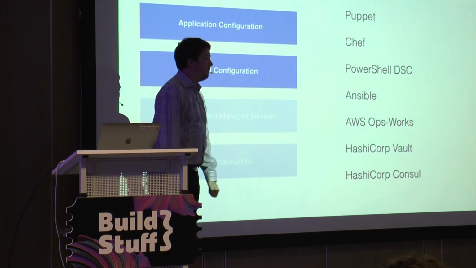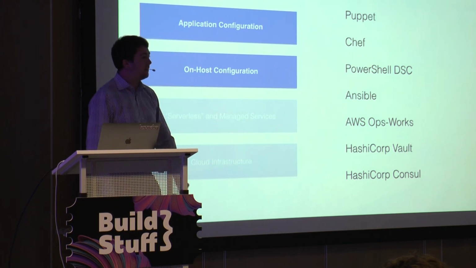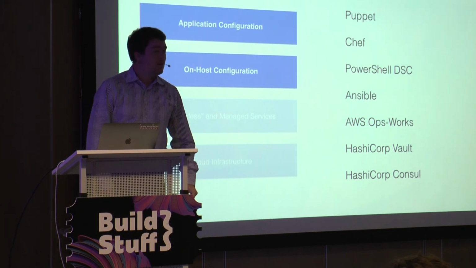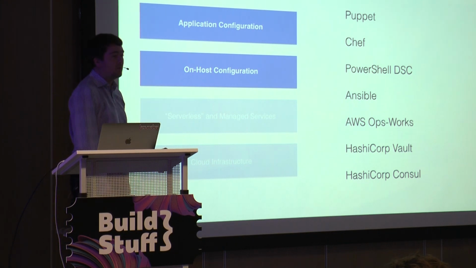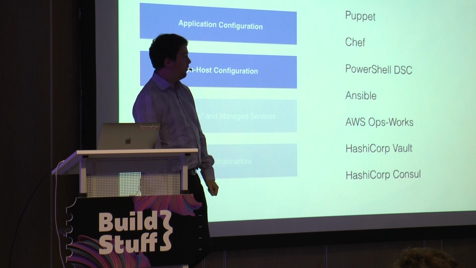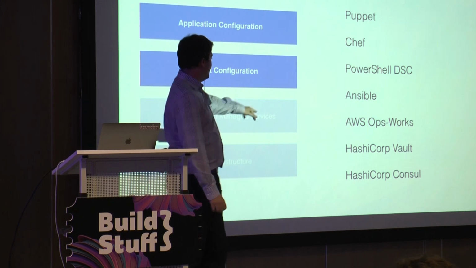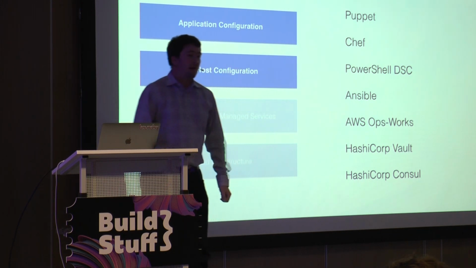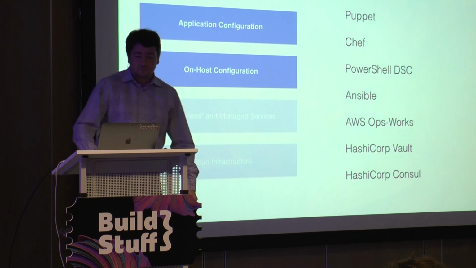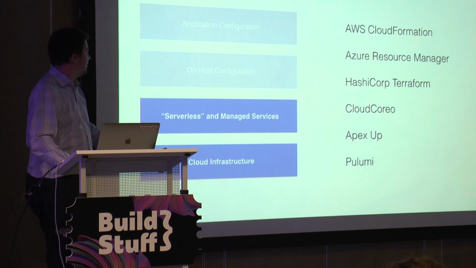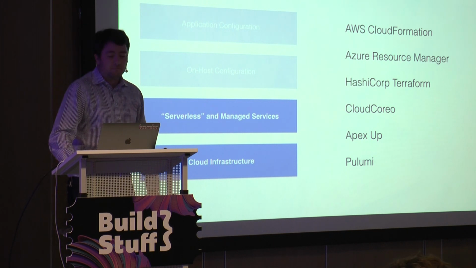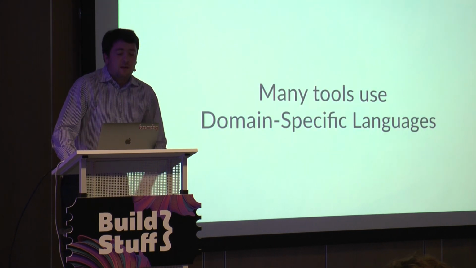There's been some good talks about various different pieces of this technology at this conference. In particular, one worth watching if you need to go back and find out more about this is the talk that Seth Vargo did about HashiCorp Vault, used for configuring applications at runtime. But we're going to spend most of our time today talking about the bottom two of these, so infrastructure, serverless, and managed services.